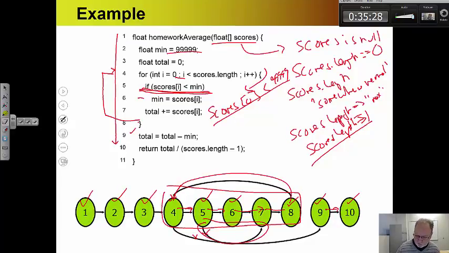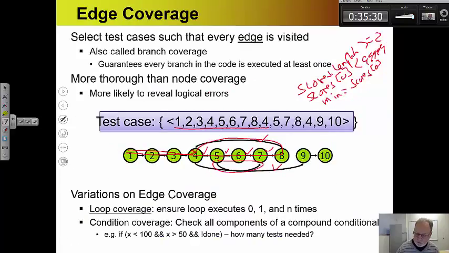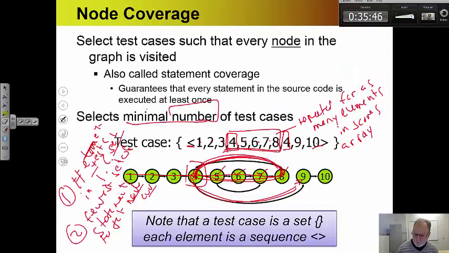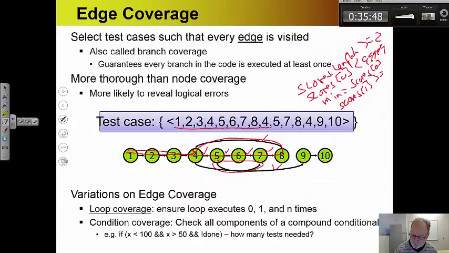Min's now equal to whatever score sub 0 was. So back here, we need score sub 1. All right, score sub 1 needs to be what? We want to drop down here, so we want this test to be false. So score sub 1 needs to be greater than or equal to score sub 0.